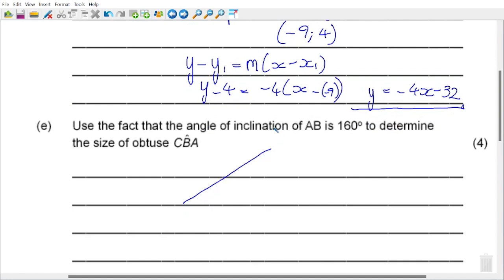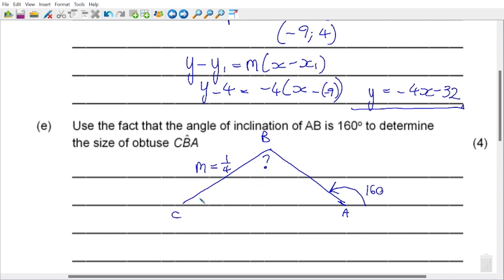We've got B over here, we've got A over here, and we are told that the angle of inclination of A, remember the angle of inclination is from the positive horizontal axis going around anti-clockwise, is 160 degrees. This point over here is C. We've already worked out the gradient of BC to be 1/4. Now, the angle we're trying to find is this angle over here.